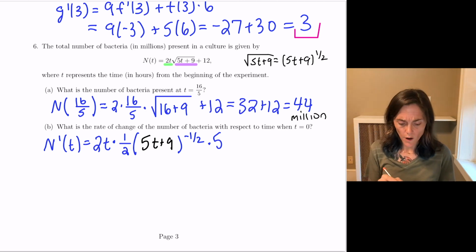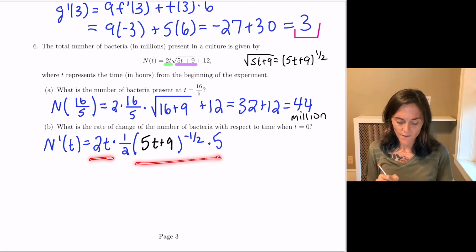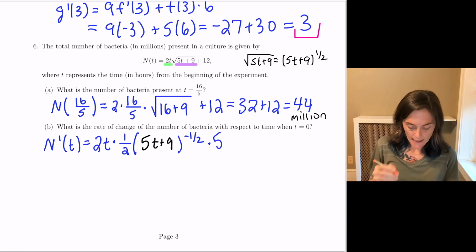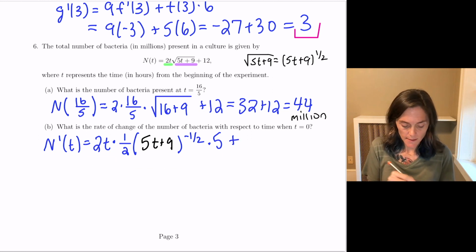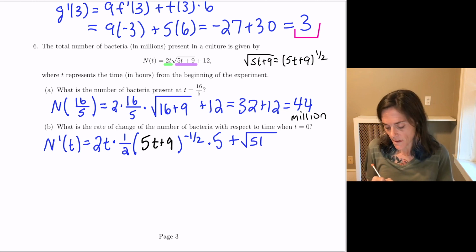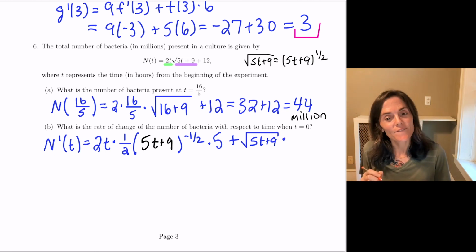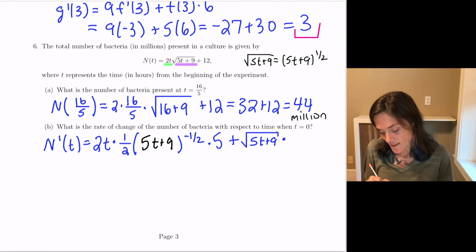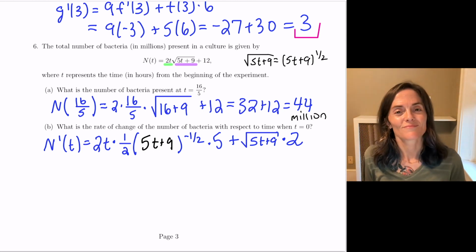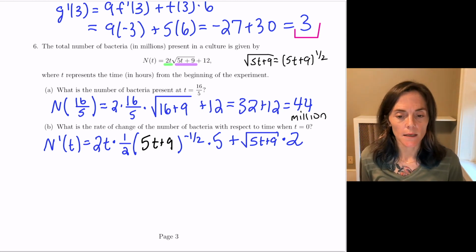Okay, what do I have so far? I have first, derivative of the second, and then we put a plus, second, which is the square root, 5t plus 9, times, well, my first function is 2t, its derivative is 2. Here is n prime of t.